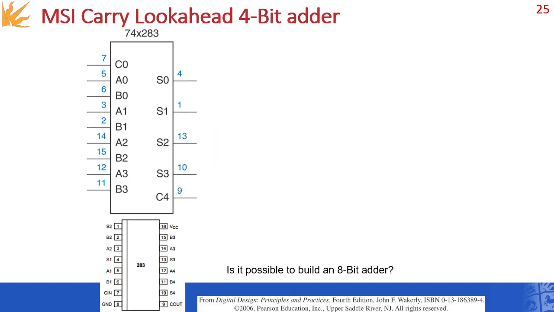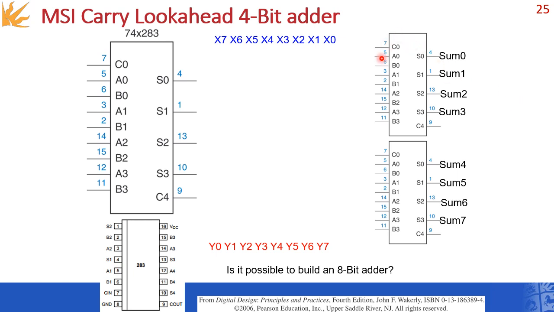So the final slide for today addresses the problem of how to build an 8-bit adder. Now, if you're given an MSI carry look-ahead 4-bit adder, you can simply use 2 instances of the same 4-bit look-ahead adder.